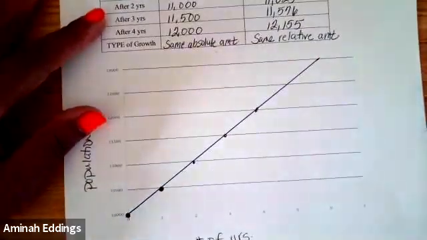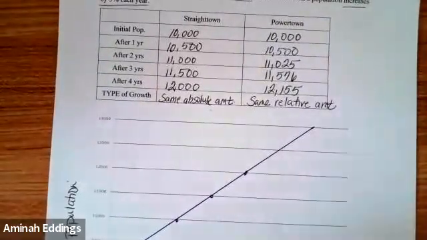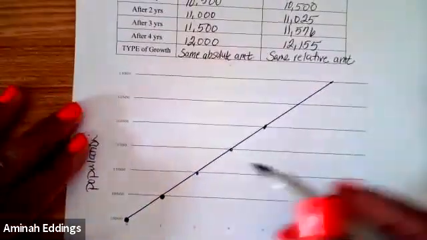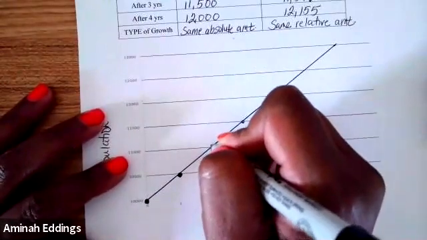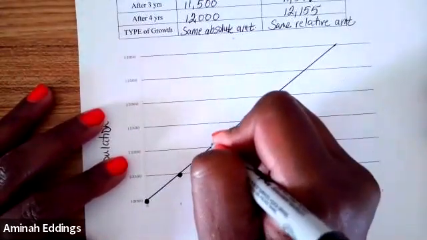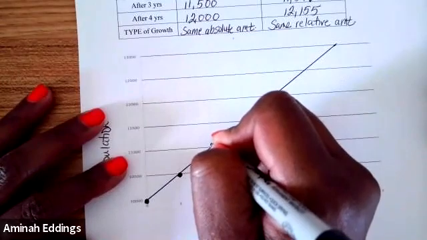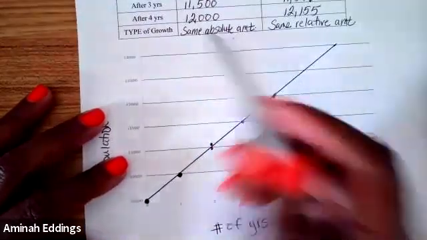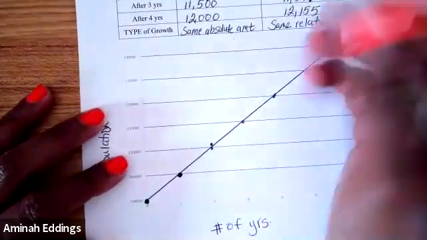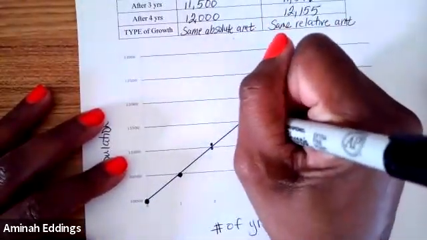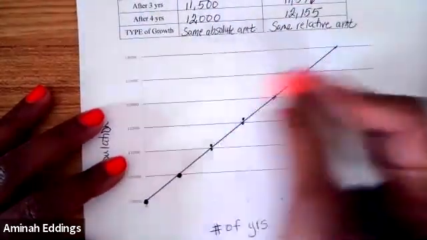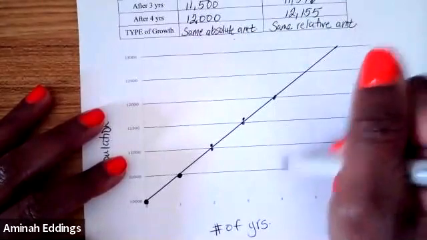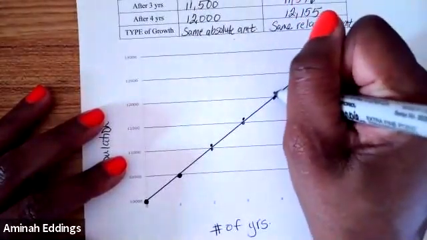So a little bit above our 11,000. So at 2, I would say about right here. Okay. At 3, we're at 11,576, so a little bit above 500. At 4, we're at 12,155, so a little bit above.